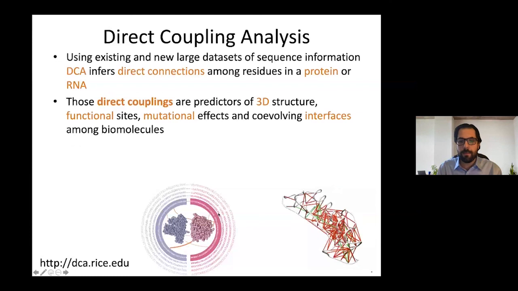But we also know that this same idea can be applied to complexes. So here I'm also showing a picture of two proteins that form a complex, and basically by linking their sequences and then understanding this from the point of view of their direct connectivities, we can find interfaces, how these proteins really interact in physical space.